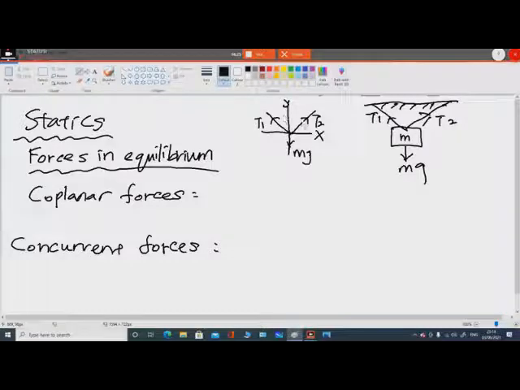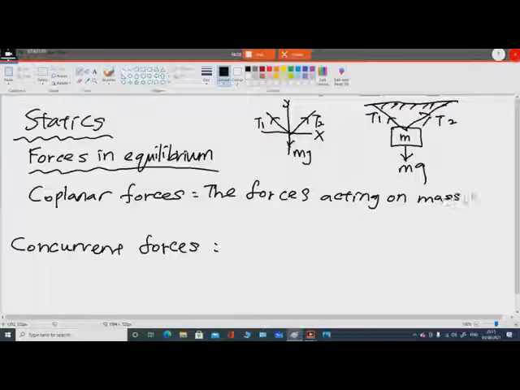So this is what we mean by the same plane, and at the same time these three forces are acting on this mass. So this is what we call coplanar force.